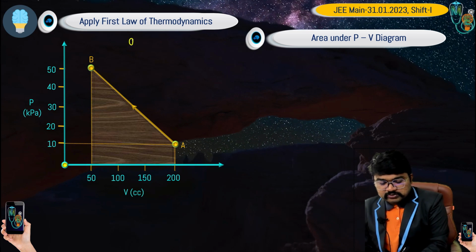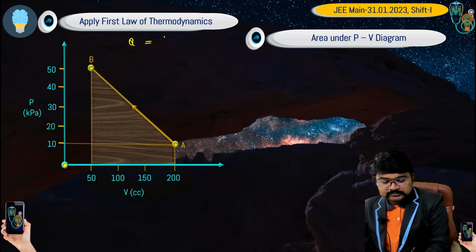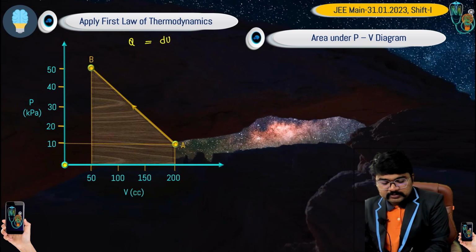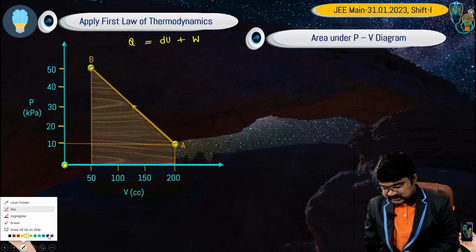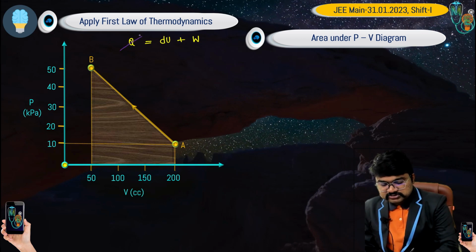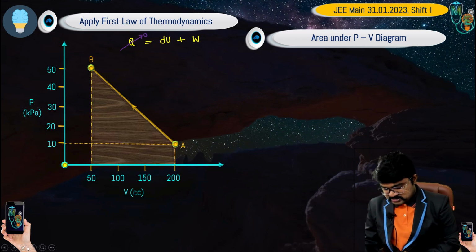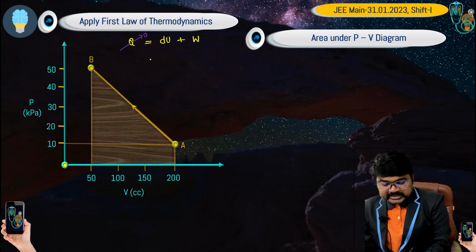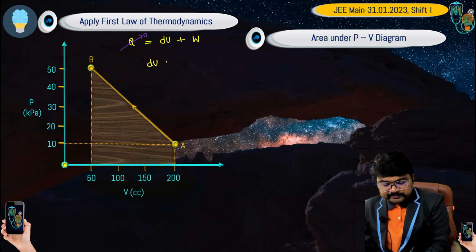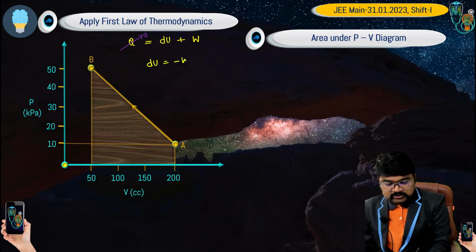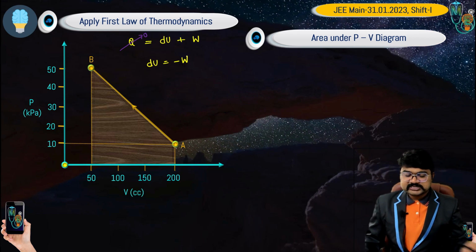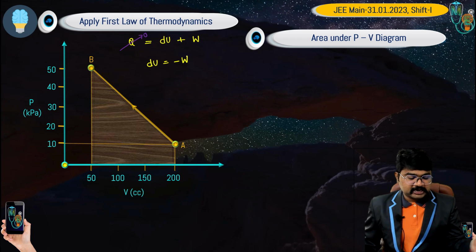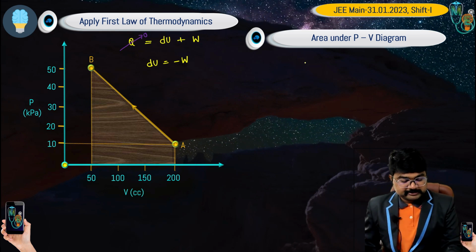That is Q equal to dU plus W. Here, heat transfer is equal to 0. From here, we get dU equal to minus W. So the area under the PV diagram will give the work done.